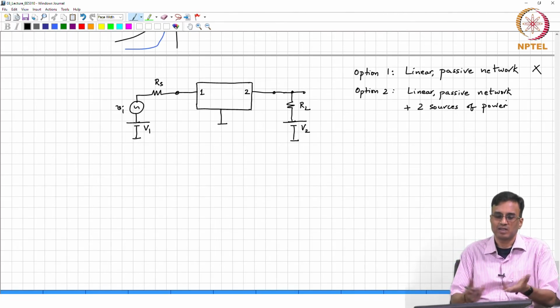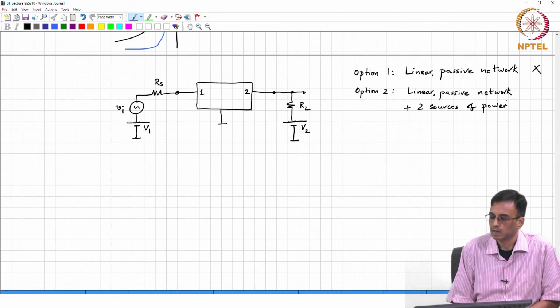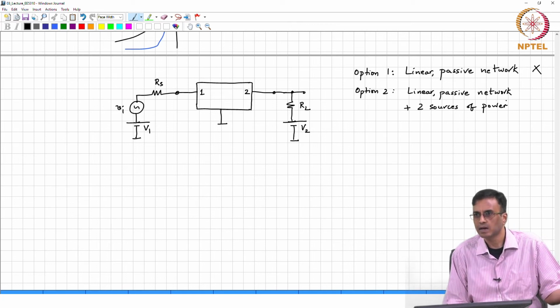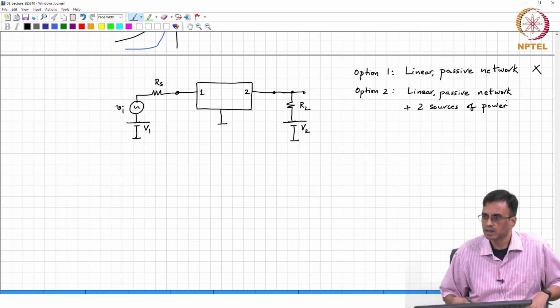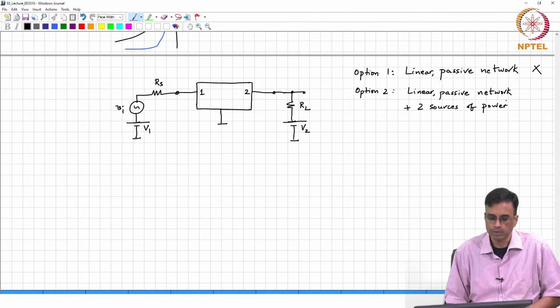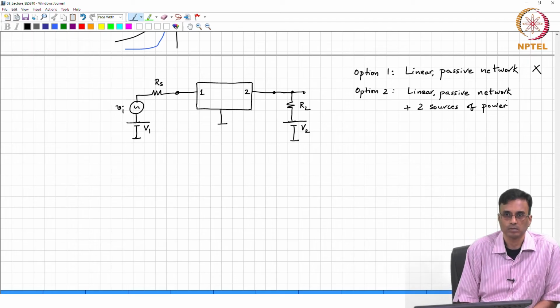I have added voltage sources, but it could as well be current sources, it does not matter. Now the power dissipated in RL can be greater than the power drawn from the input source. So, do you think this is an option that will work?